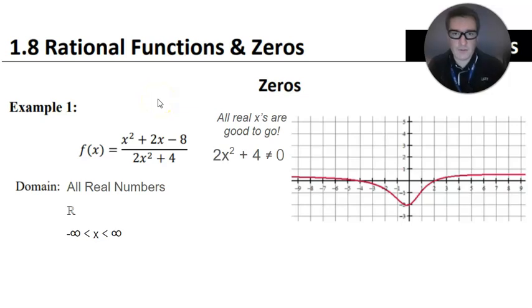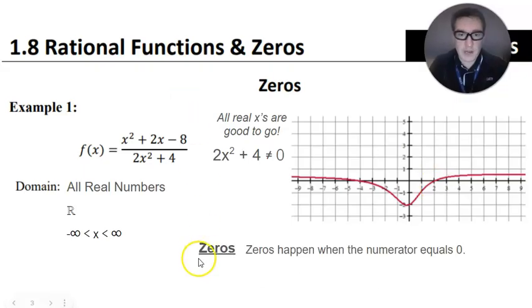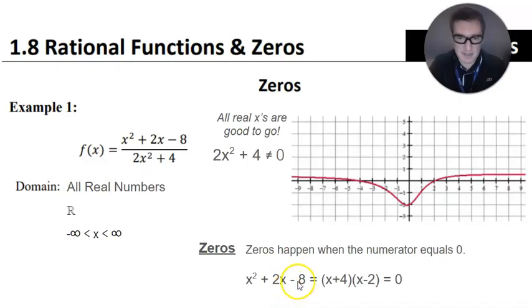Now we're going to move on to what causes zeros. In other words, why does the graph intersect the x-axis here at negative 4 and here at 2? So here's the big key for today. The zeros happen when the numerator equals 0, when the top part equals 0. Well, the top part is x squared plus 2x minus 8.